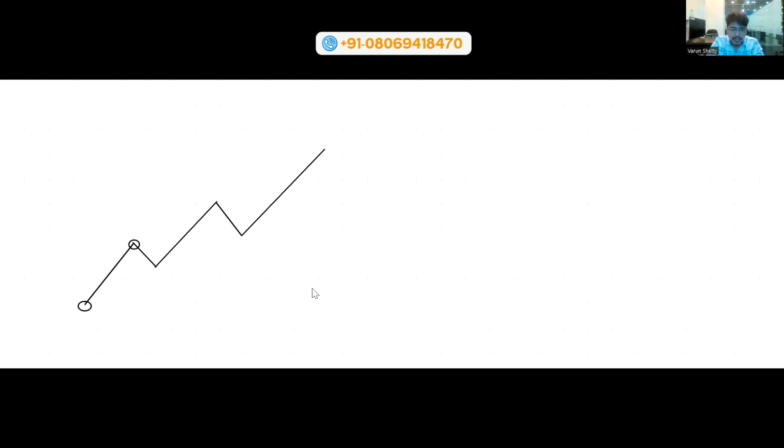Now at this point, some traders thought that it would be nice to buy at the dip. So some traders bought here, which caused the market to go up, right? Then again, some traders booked their profits here. Then some traders bought here, and so on and so forth. So it's a cycle that you can actually see.